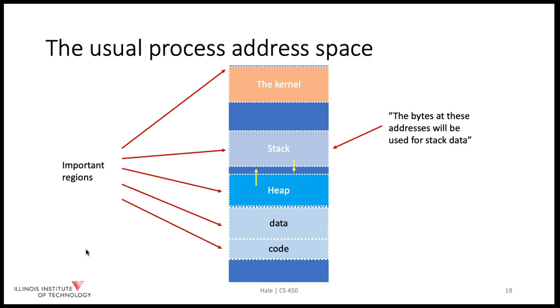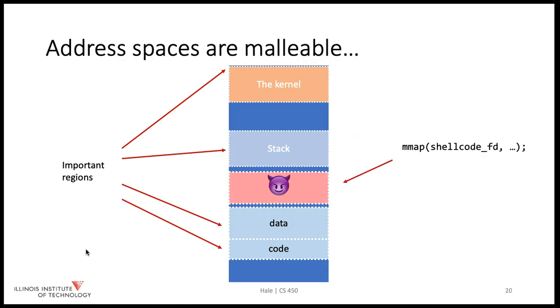Okay, and the operating system will ensure that those bytes are used for stack space, will be used for local variables and locally scoped things. Okay, but it doesn't have to be this way, right?